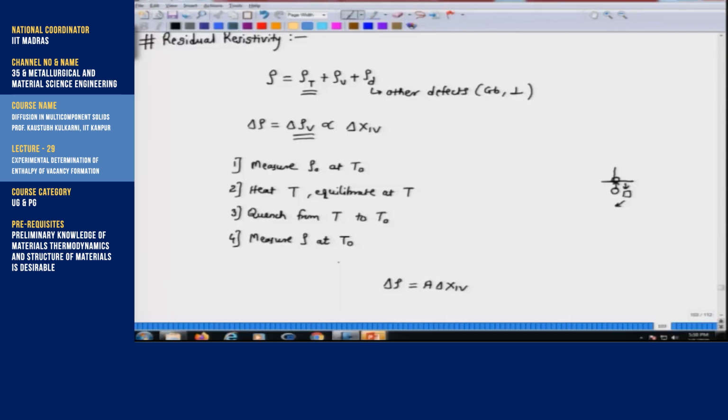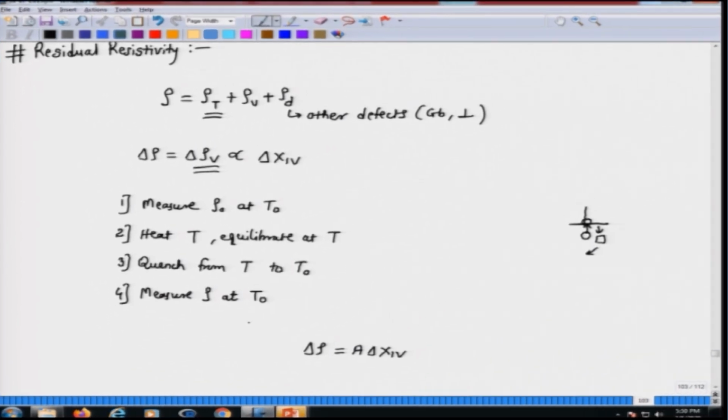Preferably a large grain sample is used, so that there will not be a significant change in the grain boundary area. Similarly, the dislocation density will be minimized after annealing, but during quenching dislocations may be introduced. So, we have to take care that the dislocations are not introduced during quenching.